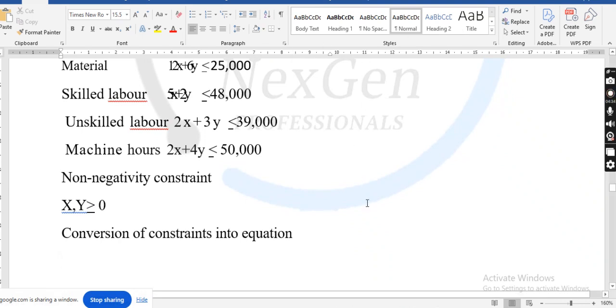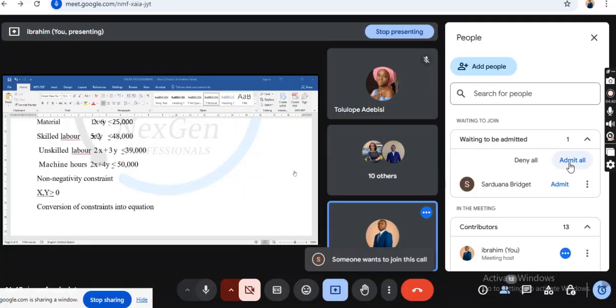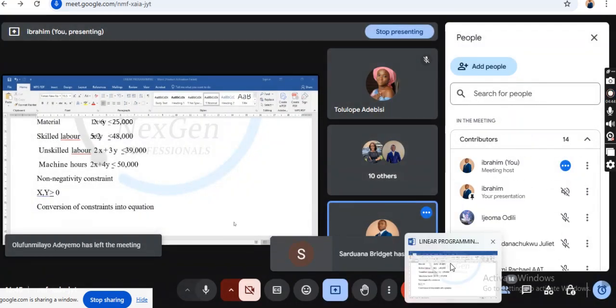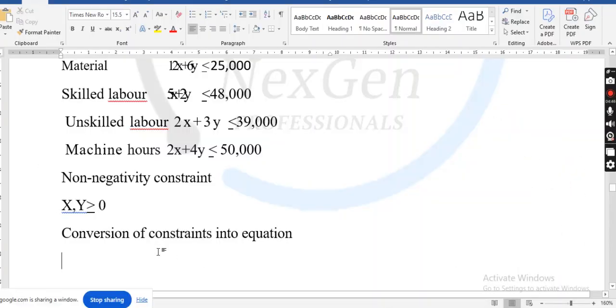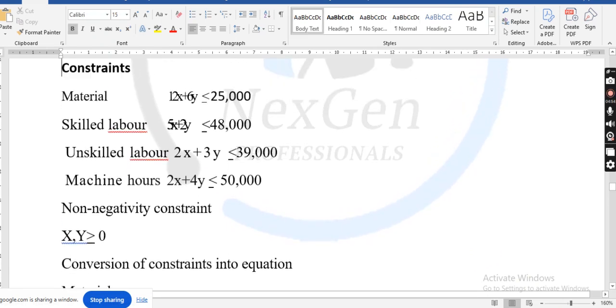So the first one is material. We need to convert material into an equation.